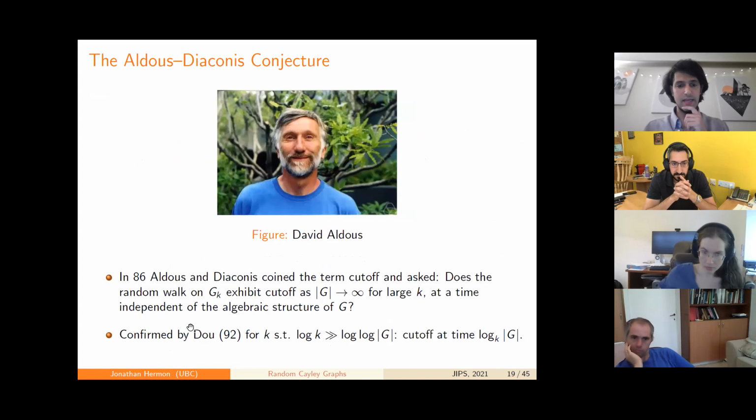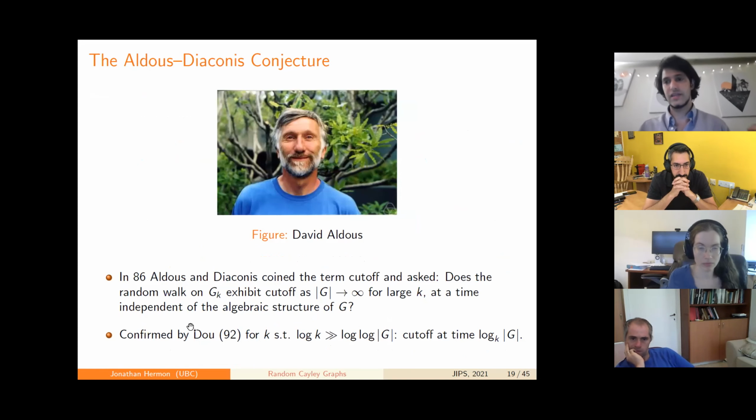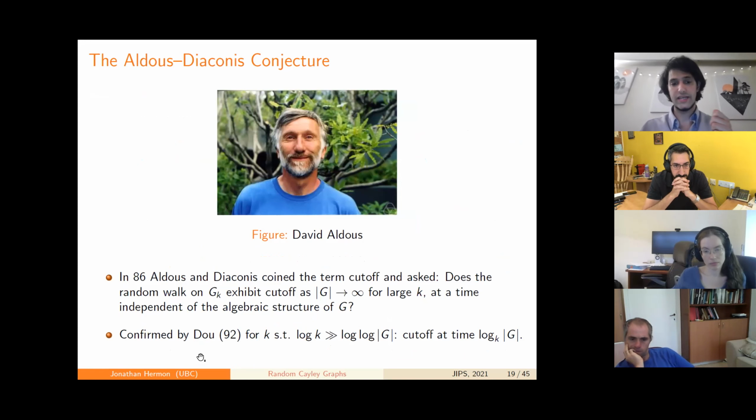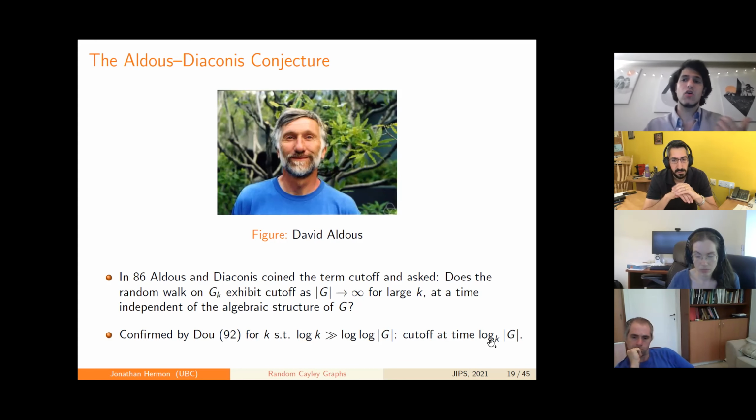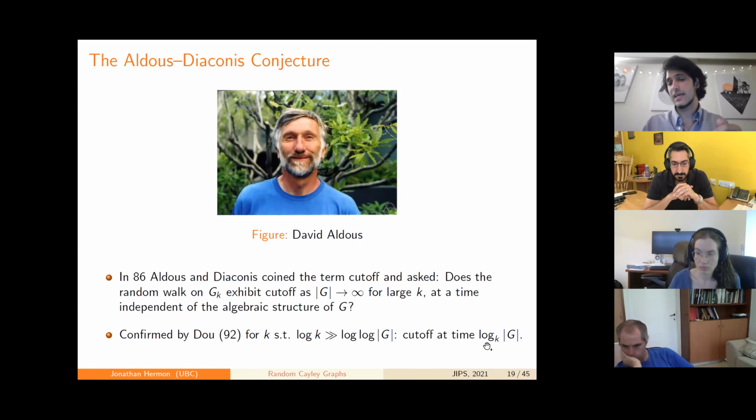The first progress on that is due to Dou, who confirmed this conjecture when k is super-polylogarithmic. Not only is there cutoff, it happens around the fastest possible time, which we often call in the mixing time community the diameter lower bound on the mixing time. So it's log of the size of the group, to the base number of generators.